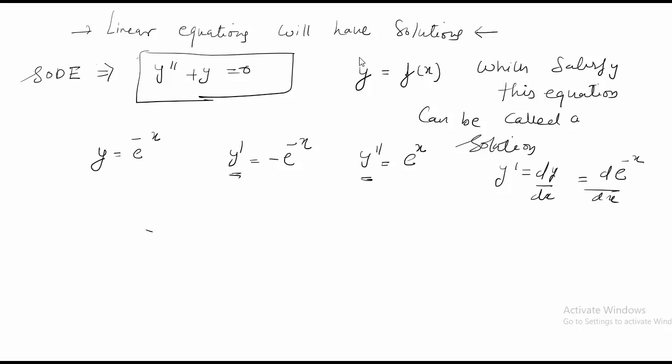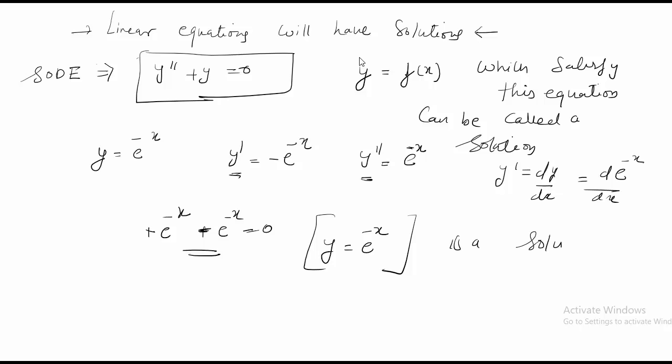So if I substitute, I get e raised to minus x minus e raised to minus x plus e raised to minus x, which is 0. So I can say that y is equal to e raised to minus x is a solution of this second order differential equation.